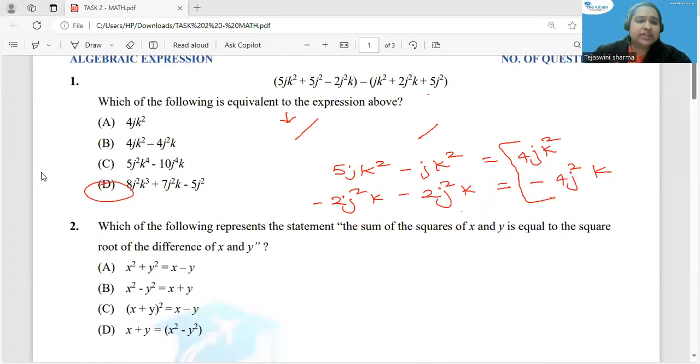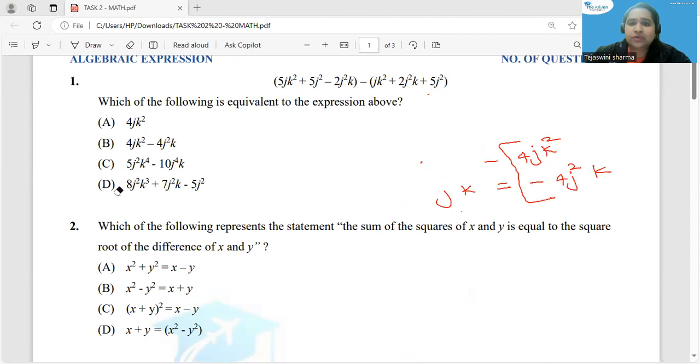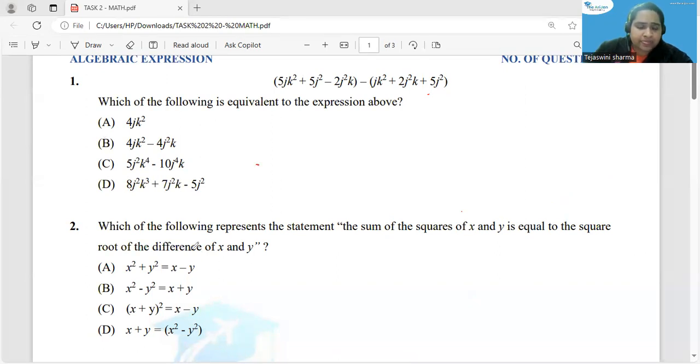The next question asks which of the following represents the statement: the sum of the square of x and y is equal to the square root of the difference of x and y. So for a second, I can see that the square root is not provided in the options, so it should be there. Okay, so you need to consider it for once.